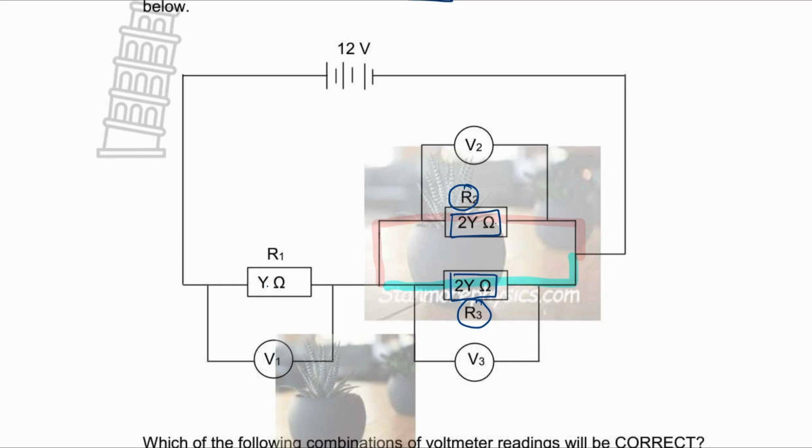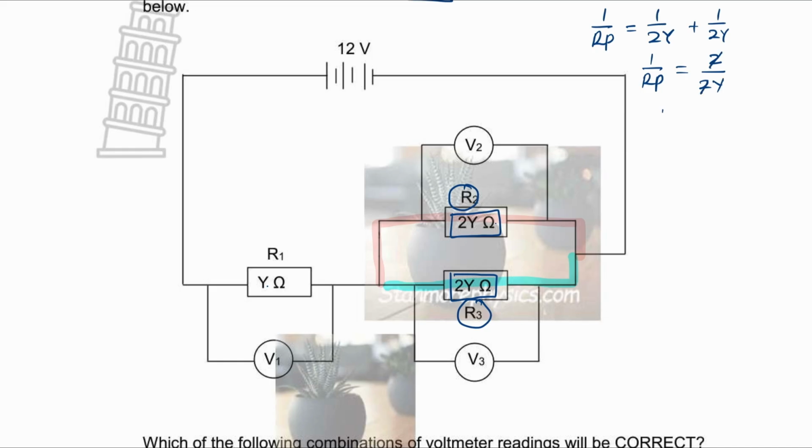So the effective resistance in parallel: 1 over R parallel is equal to 1 over 2Y plus 1 over 2Y. So 1 over R parallel is equal to 2 over 2Y. We can cancel the 2's.